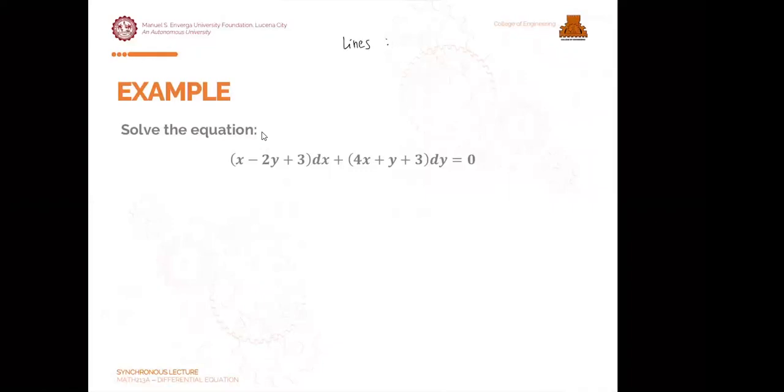Bawa, gawin natin iba na lang. So, sabihin natin line 1, meron tayong line 1 and line 2. So, sinasabi natin parallel yan kapag equal, if their slope is equal. Okay? So, yung value ng m.